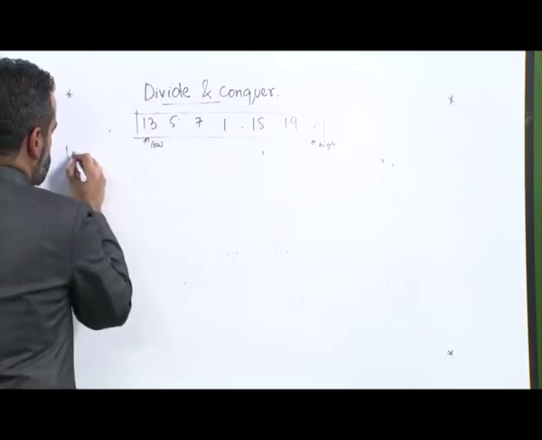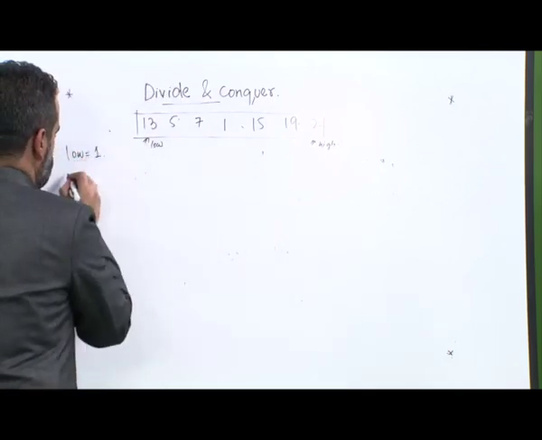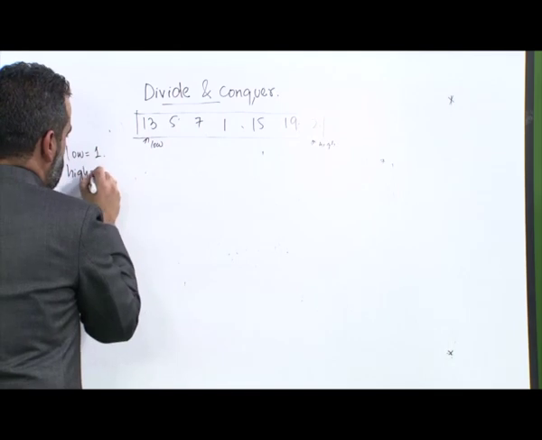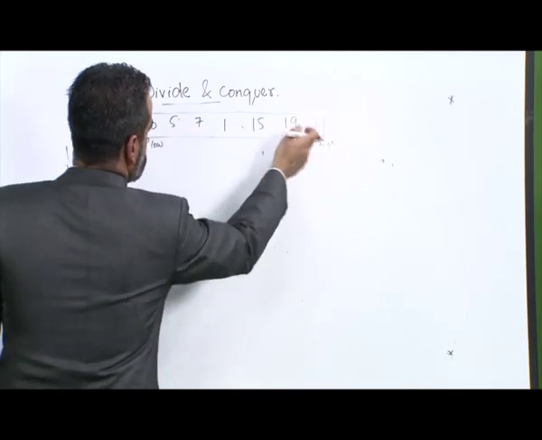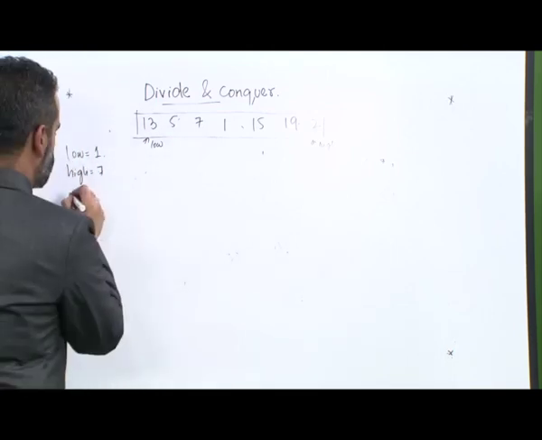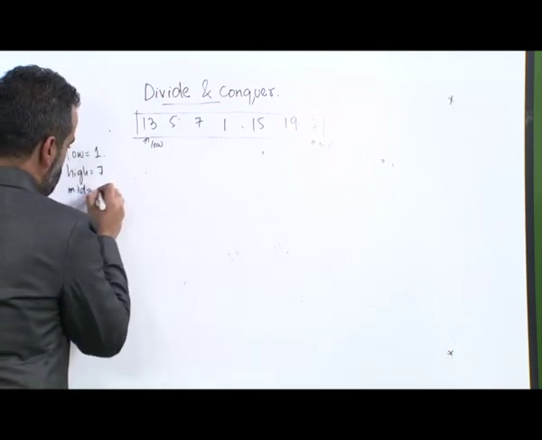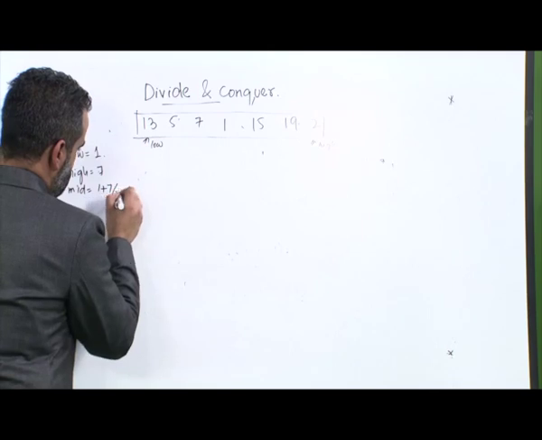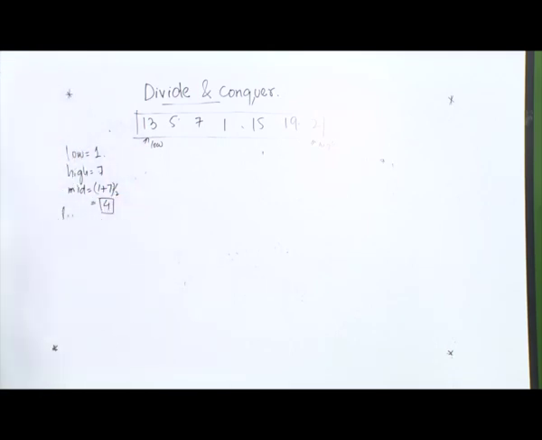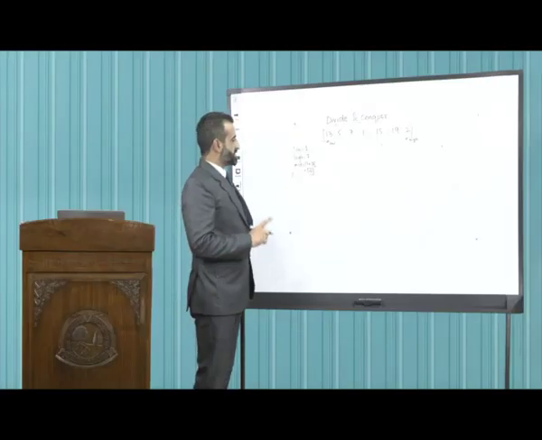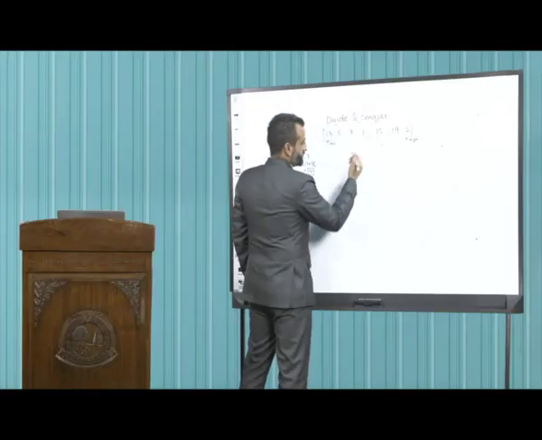So as of currently my low is a 1, my high is a 7. If I compute the middle value, it will be 1 plus 7 divided by 2, where I get a 4. Now remember the algorithm, the merge sort function creates two merge sort calls.